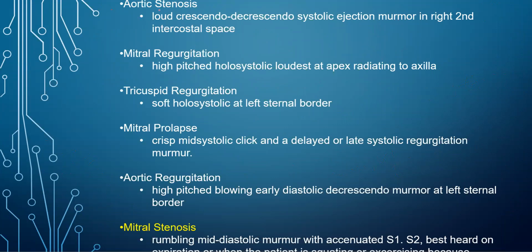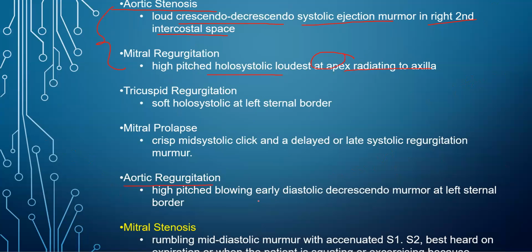So let's just go into the detail of these murmurs. Aortic stenosis murmur is a crescendo decrescendo murmur, which is ejection systolic in the right second intercostal space. Mitral regurgitation is the holosystolic murmur at the apex, radiating to the axilla. We just discussed these two.